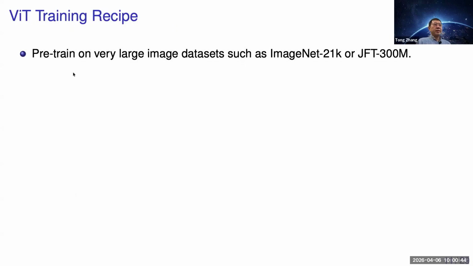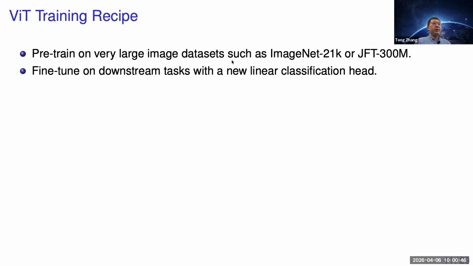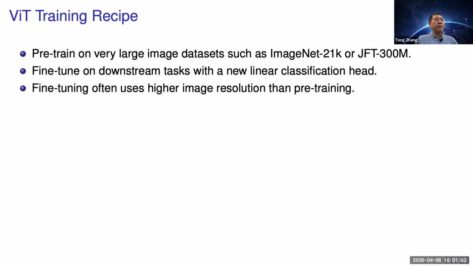Large data, right? Then fine-tune on the downstream task with a new linear classifier head, this is a typical way. In the older days, people just pre-trained on ImageNet and then fine-tuned on other tasks. Here, you pre-train on larger classification data and fine-tune on whatever tasks you have.